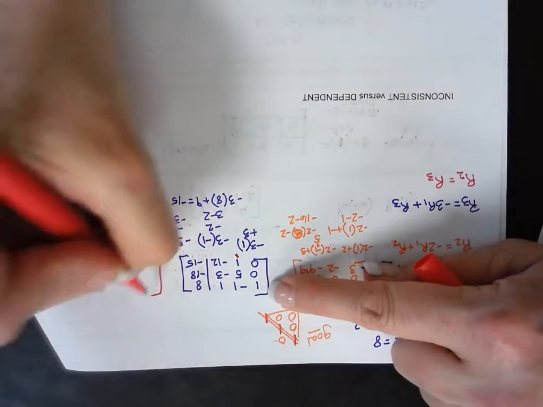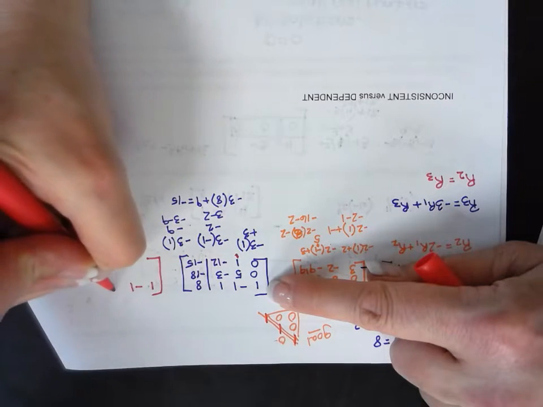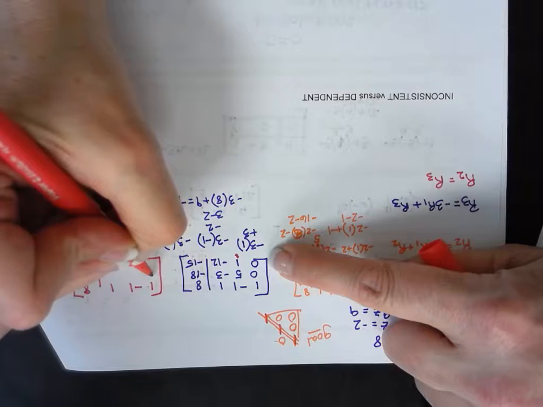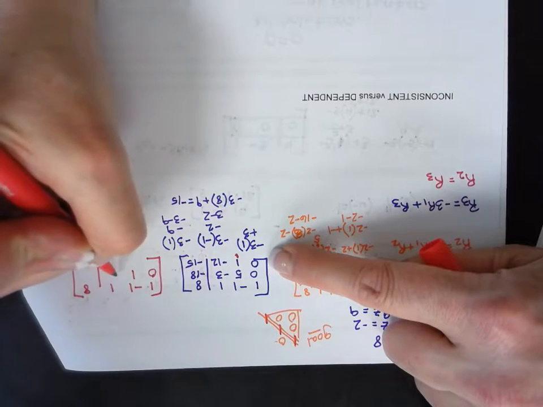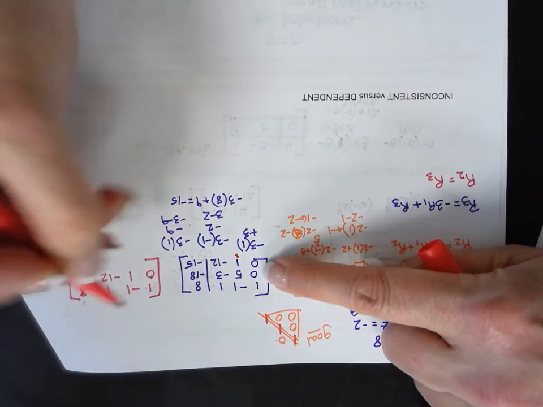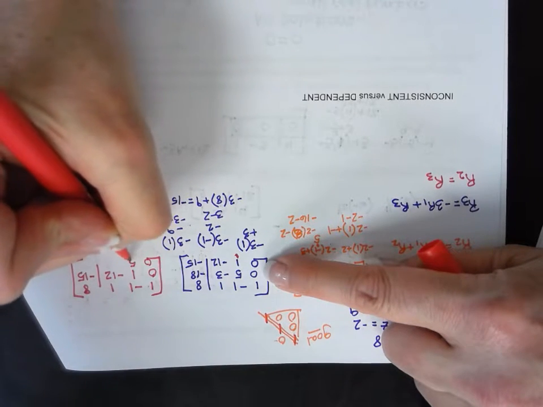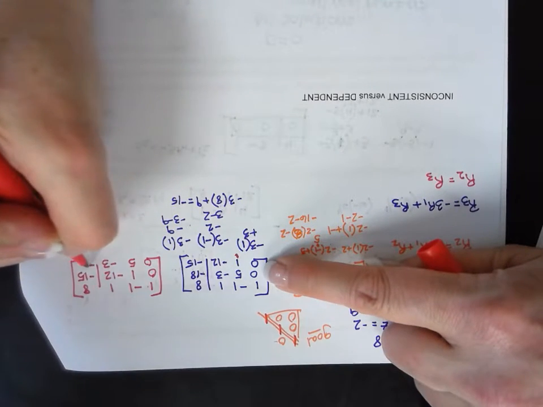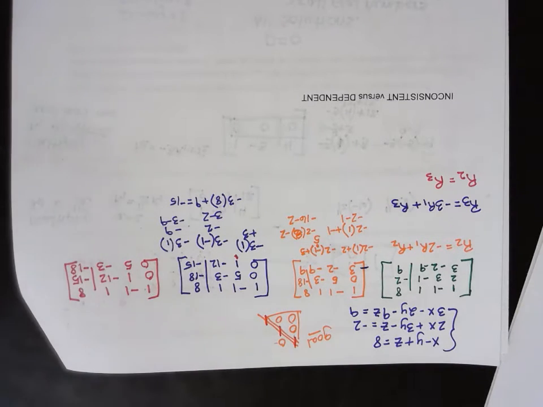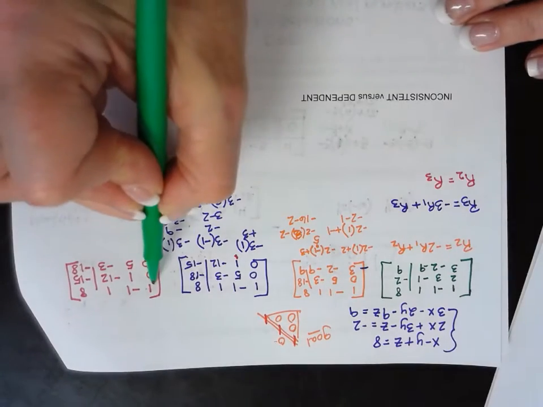So row 1 stays the same, and row 2 becomes row 3. And now I'm almost there.